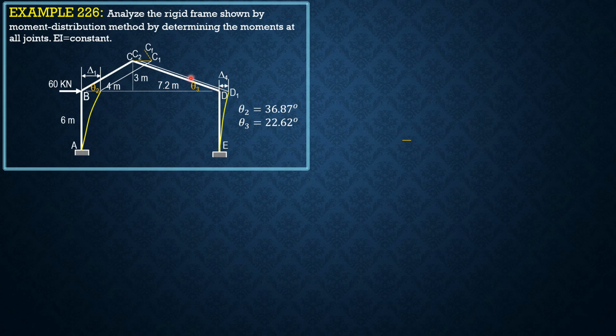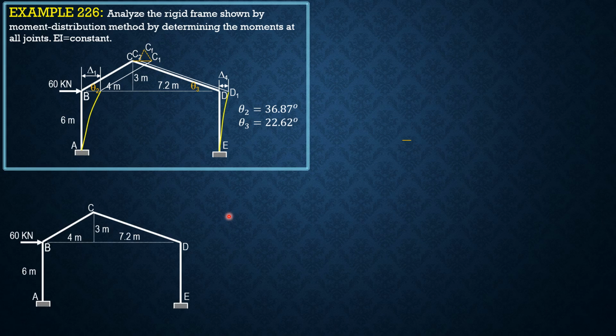Then from the end of C2, we draw a line perpendicular to CD, or C2D1, to locate the final position of C. So this is the moment distribution due to sideway delta 1 at B.